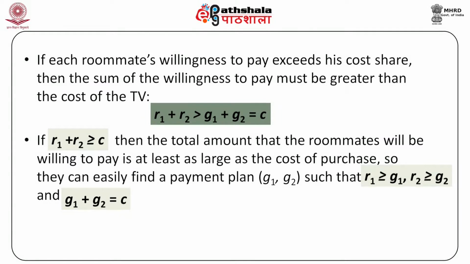If each roommate's willingness to pay exceeds his cost share, then the sum of the willingness to pay must be greater than the cost of the TV. This is to say that R1 + R2 > G1 + G2 = C. This condition is a sufficient condition for it to be a Pareto improvement to provide the TV.